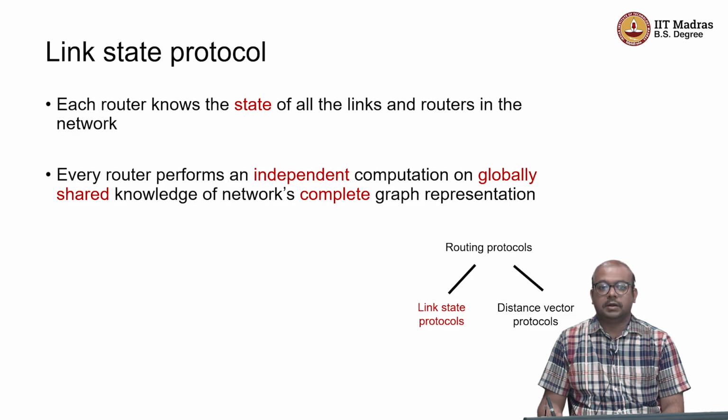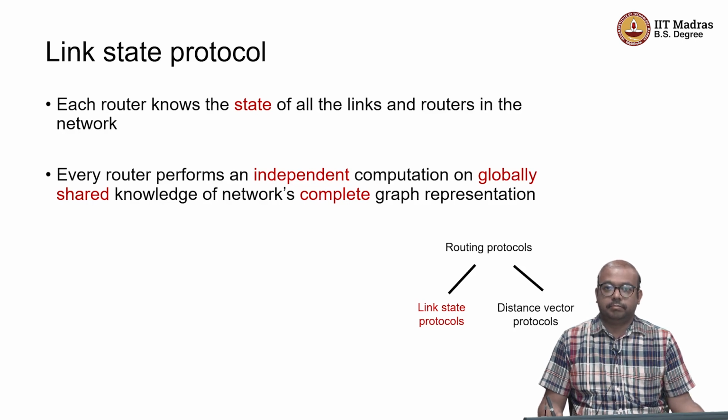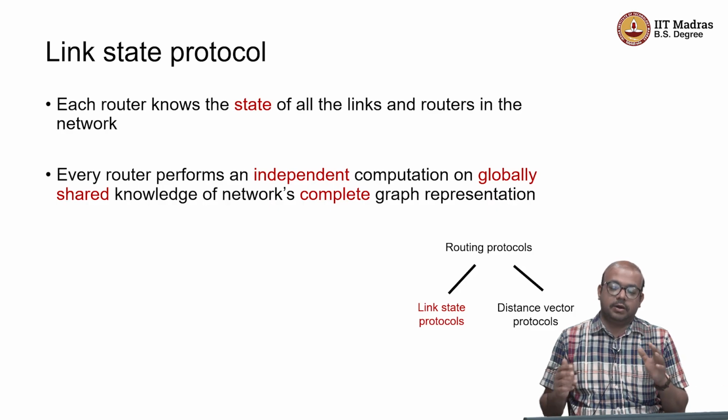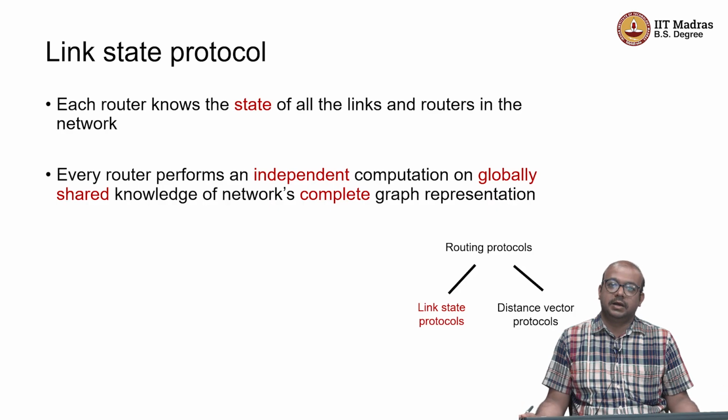Every router performs an independent computation on globally shared knowledge of the network's complete graph representation. Okay. So, this computation that is happening on a given router is independently done for all the routers. Okay.